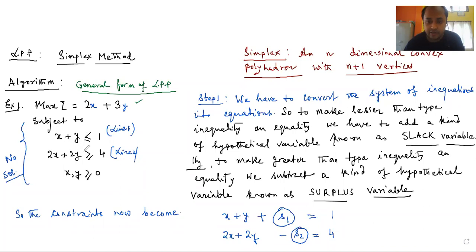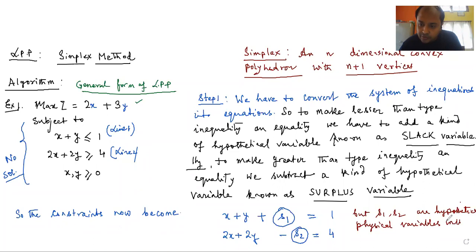So we have done this, and although these slack variable and surplus variable do not have any practical significance, they will be treated as hypothetical physical variables with no practical relevance.